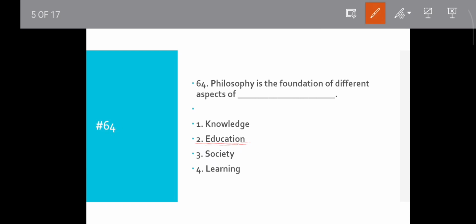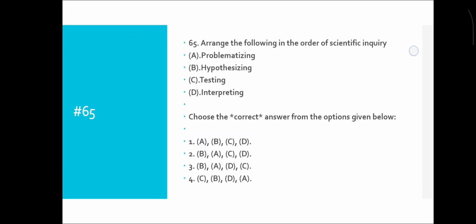Philosophy and education are, according to Ross, two sides of one coin. One is practically applied and one is theoretically applied. So education and philosophy are related. So philosophy is the foundation of different aspects of education. Okay. Move to the next question.